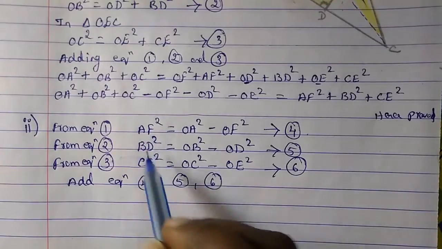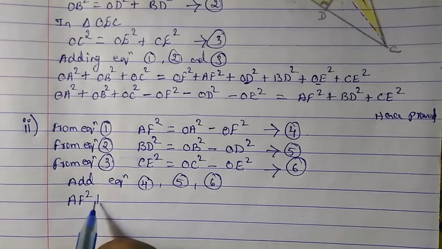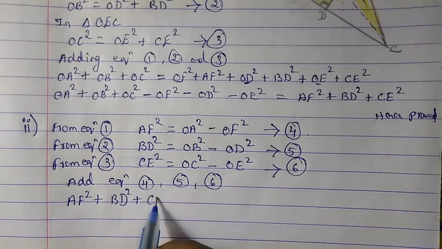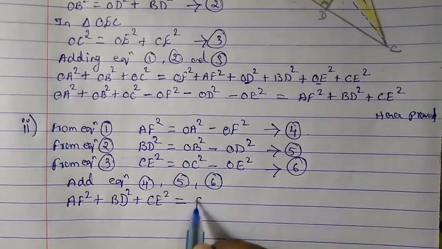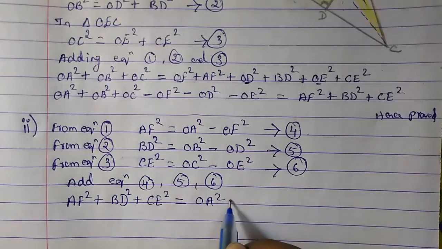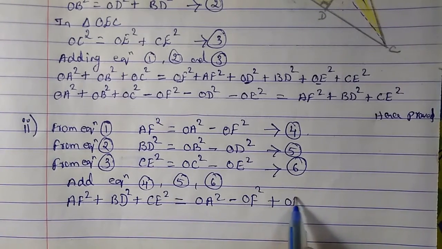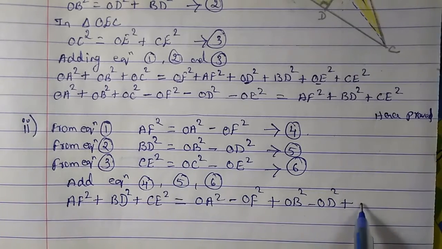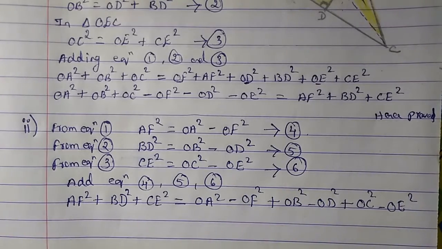Now add all the left sides. You will get AF square plus BD square plus CE square equal to, adding the right sides, OA square minus OF square plus OB square minus OD square plus OC square minus OE square. So all three we add.